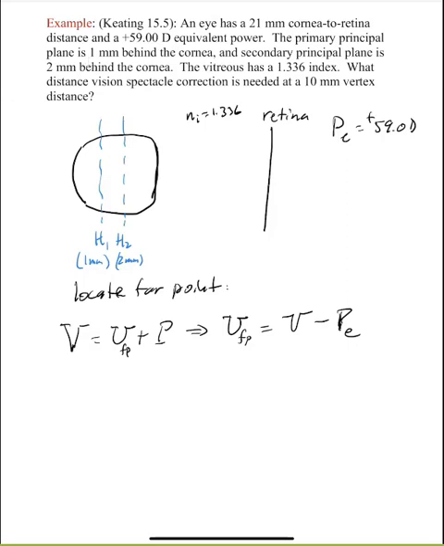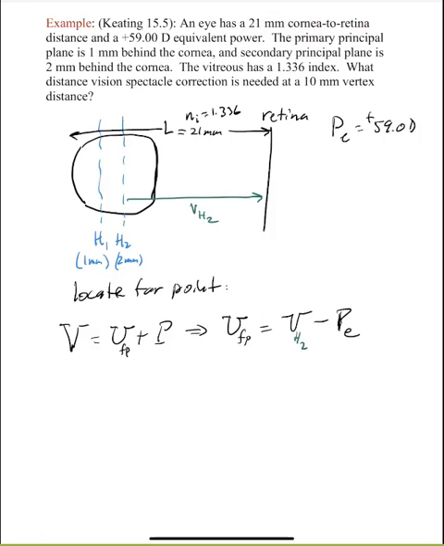Power is the equivalent power, the focal length of the thick lens. Image divergence is relative to H2, so this is going to tell us about this distance here. We have this additional piece of information that tells us there's 21 millimeters from the cornea to the retina. From retina to the front edge of our thick lens is 21 millimeters. That means we know what this distance is.